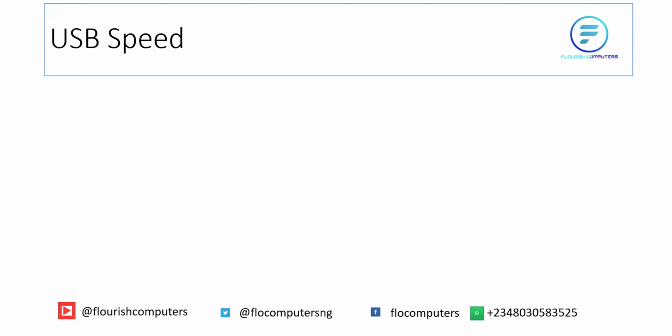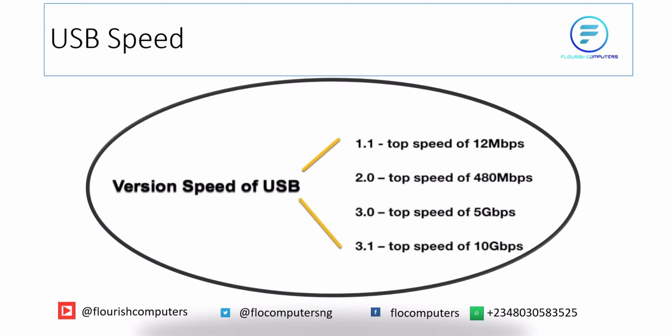Now we'll talk about the USB speed, because we call all of them USB, but they have different speeds, meaning that they are more effective than each other depending on the type that you have. Let's look at the versions of USB that we have and their speed. We have USB 1.1. That's the one I was telling you earlier on.